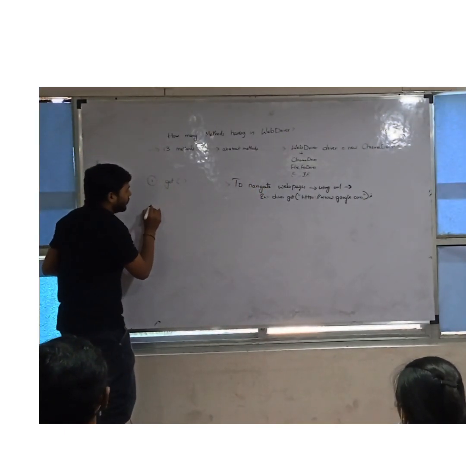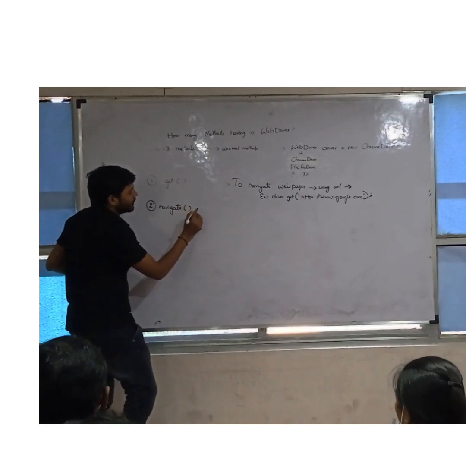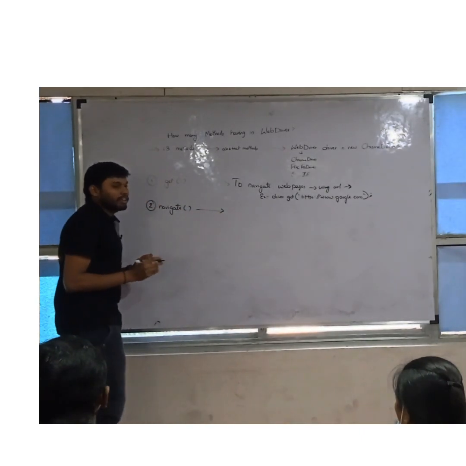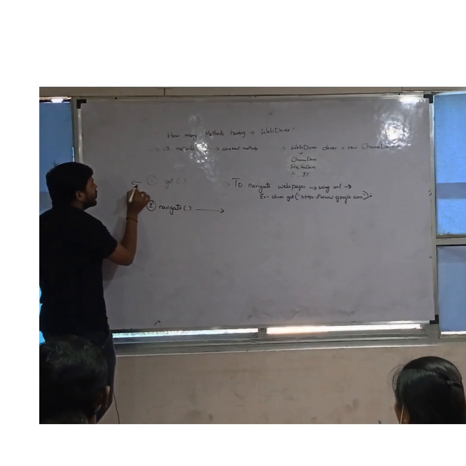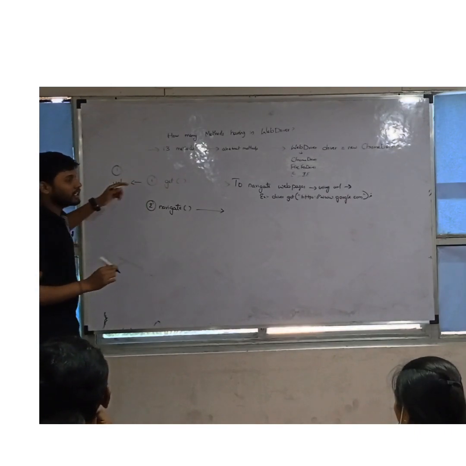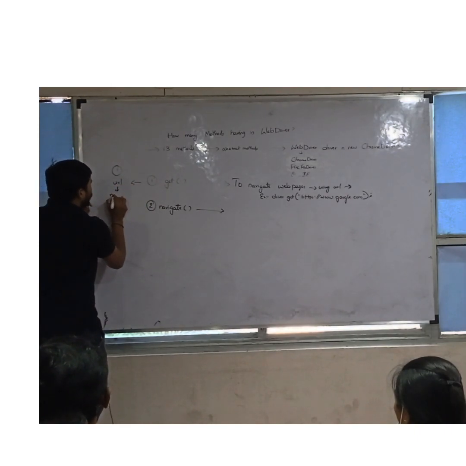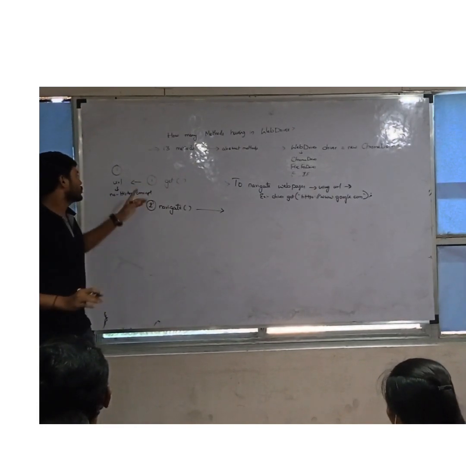And after that we have the navigate method. Why do we use the navigate method? Get only opens one URL. There is no history concept, it only opens.